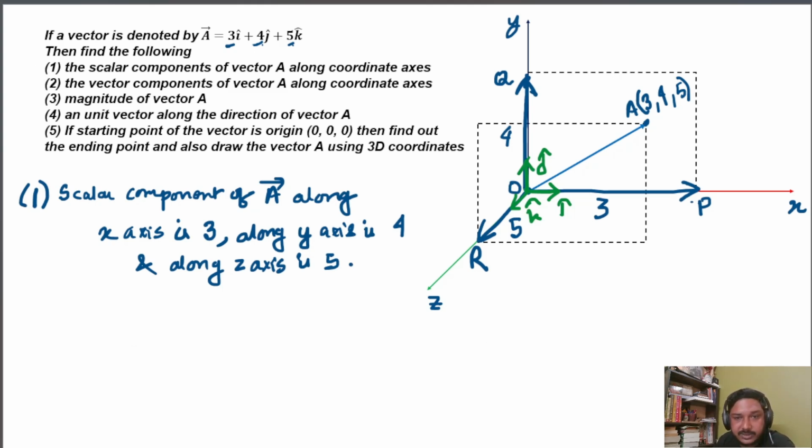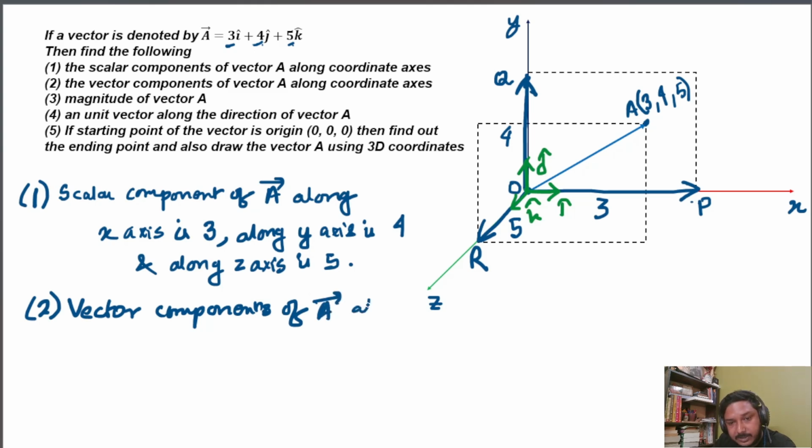Next, you have to find out the vector component. Okay, so the vector component is also very simple. Multiply the scalar components with i cap, j cap, k cap. So simply we will write the vector components of vector A along the x-axis as 3 i cap.